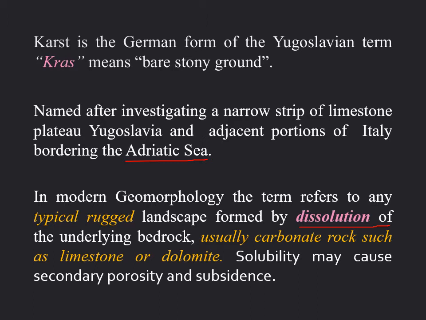So in the presence of acidic solutions, beautiful, well developed landforms are formed in limestone or dolomitic rocks. So the karst landforms in limestone and dolomitic rocks are very important to us.